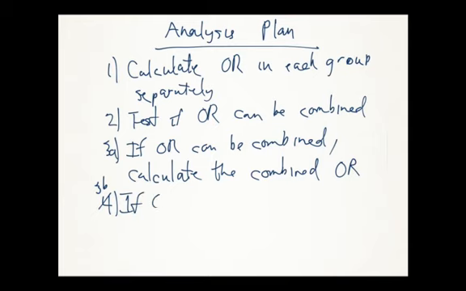If the odds ratios cannot be combined, so that happens if we conduct our test for homogeneity and we get a p-value less than 0.05, we conclude that the odds ratios cannot be combined.